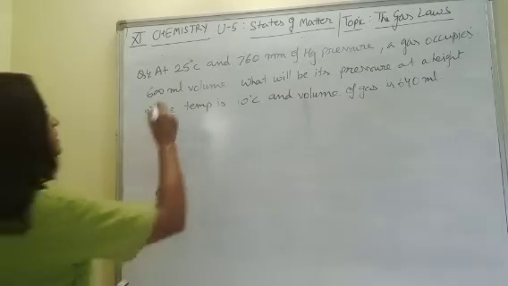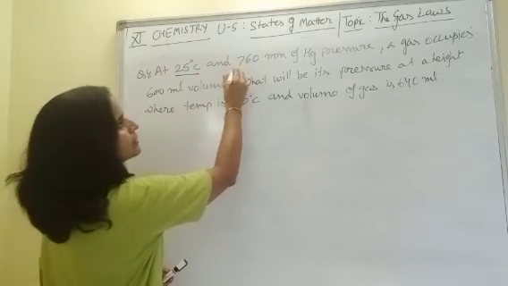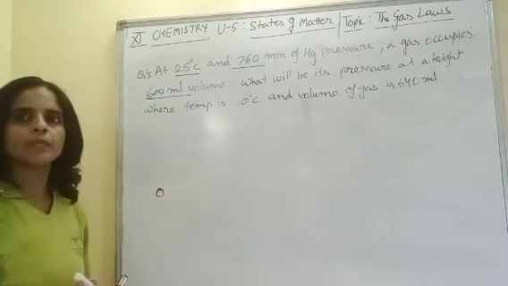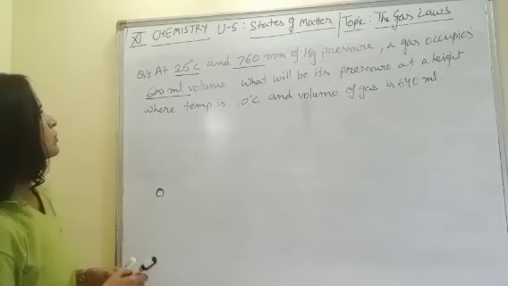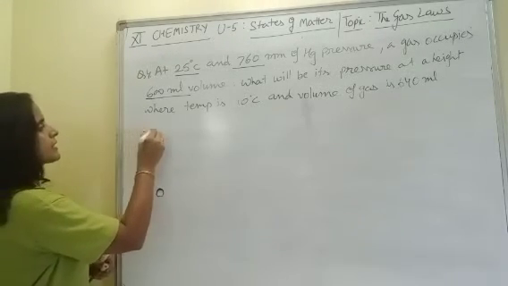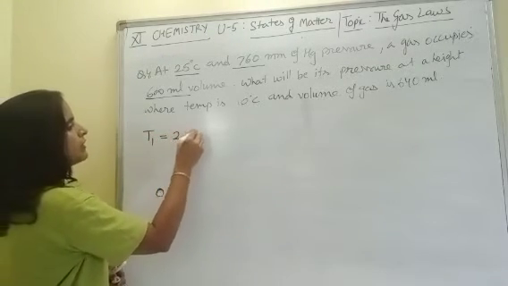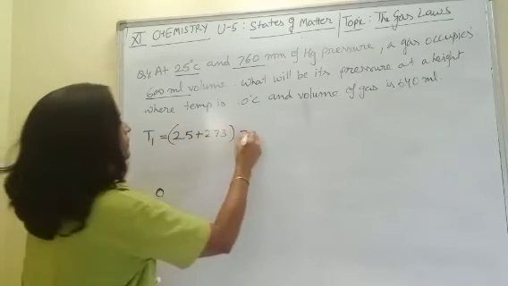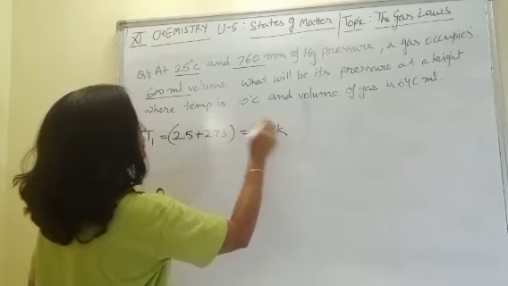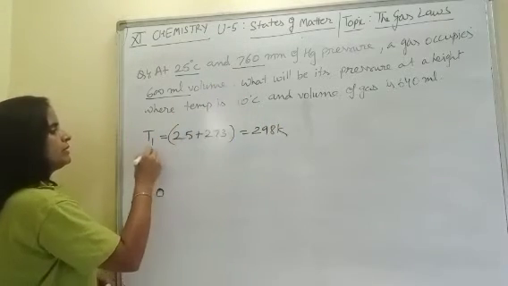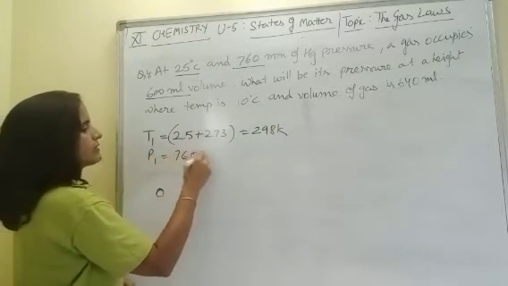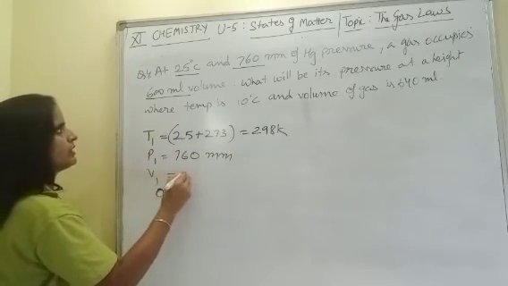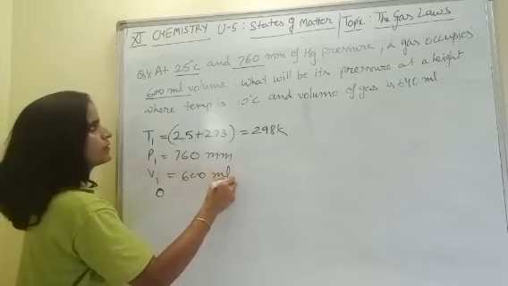The parameters: first is initial temperature, initial pressure and initial volume. These three things are given. So at 25 degrees Celsius, that is T1, 25 plus 273 in Kelvin, 298 Kelvin. Then the pressure P1, 760 mm Hg. Initial volume V1, 600 ml.